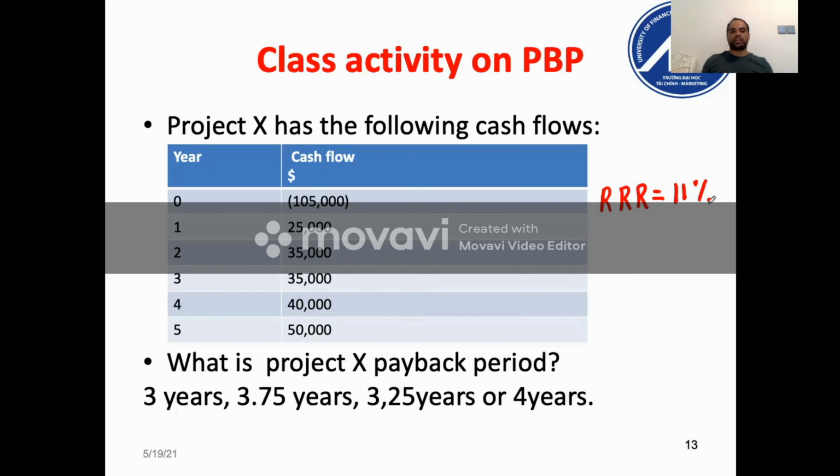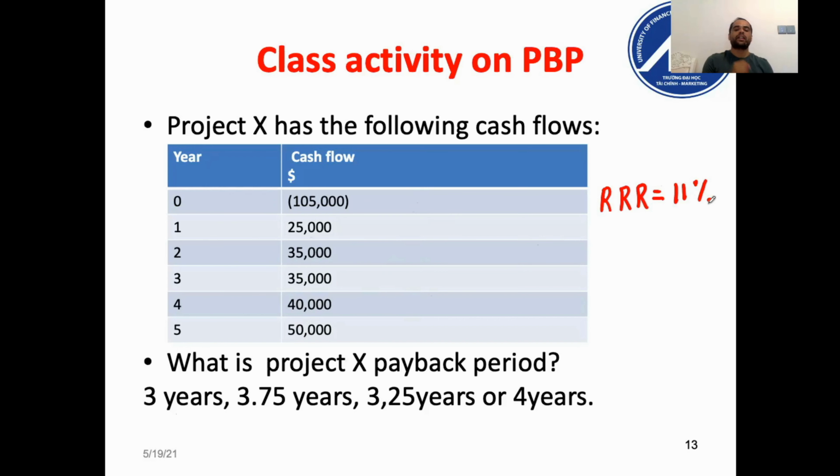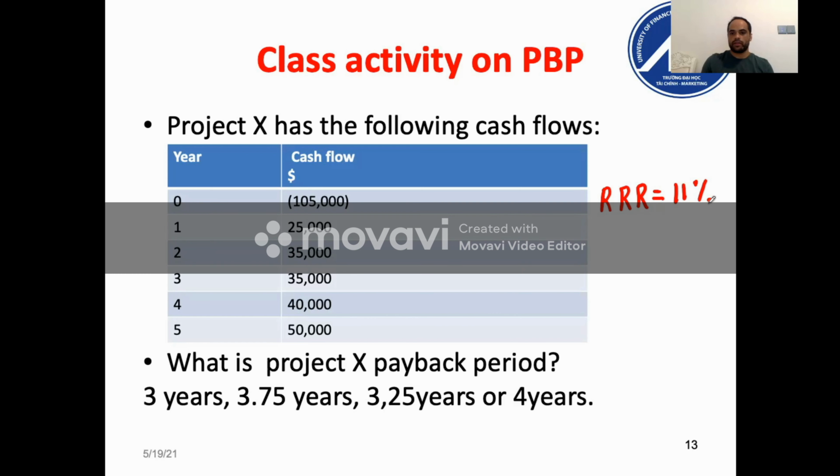If required rate of return is 11%, can you calculate net present value and tell me we should select this project or we should reject this project? All right, so do it now.